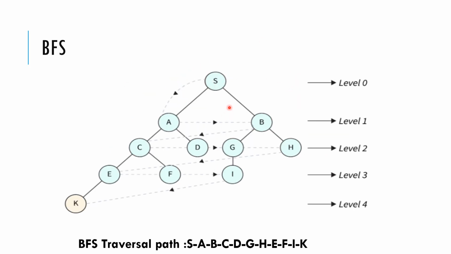Here these are all the levels. So how do we find the path for the BFS algorithm? S, A, B, C, D, G, H, E, F, I, K. Okay, so this is the way we can easily find it. But from the exam point of view, we can write all the procedure and find the solution.